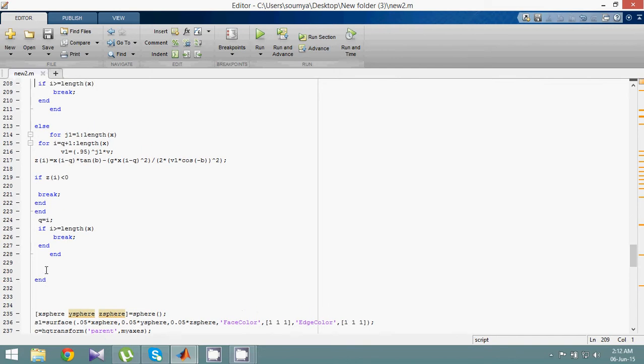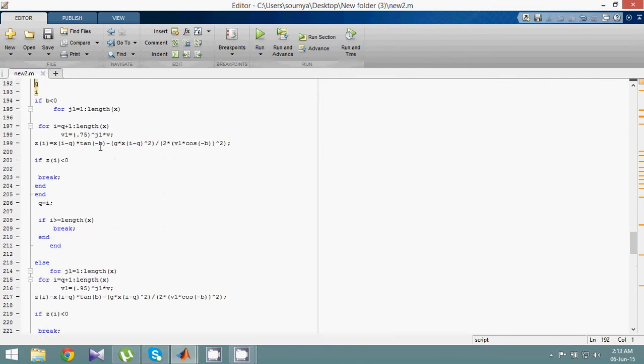So that's basically that, and I use this j because I don't know how many times the ball is going to bounce. So I use this for loop to calculate the bounces before the ball reaches the end of the length, so 23.78 meter.